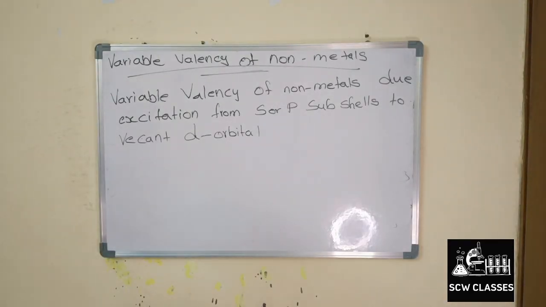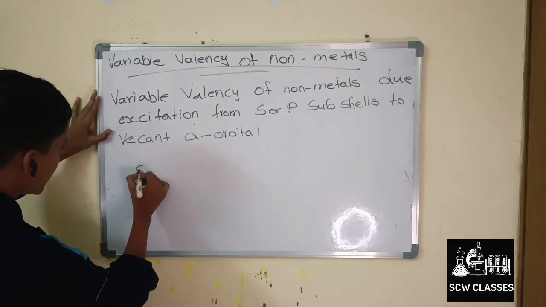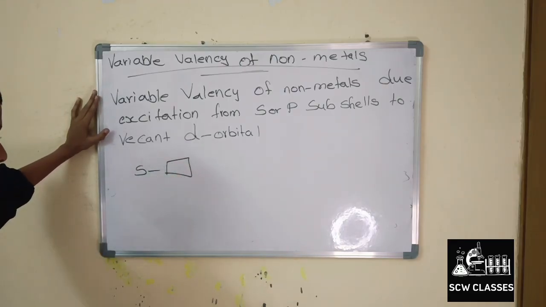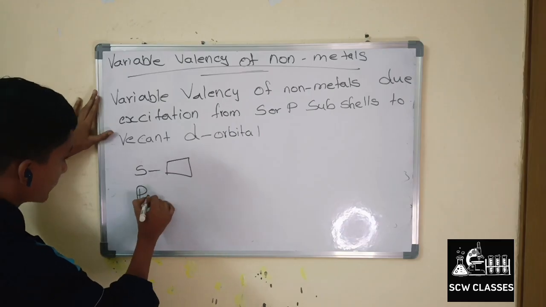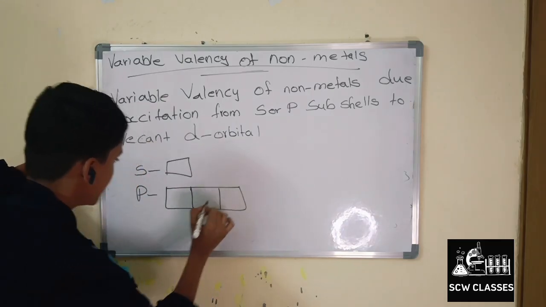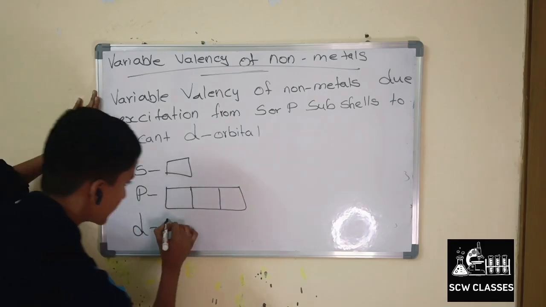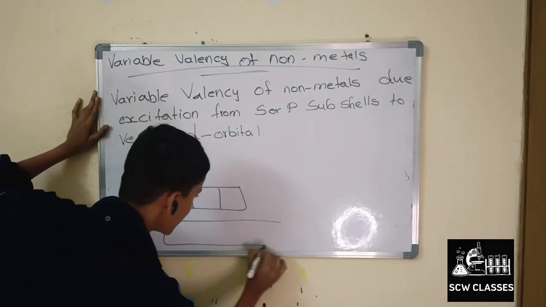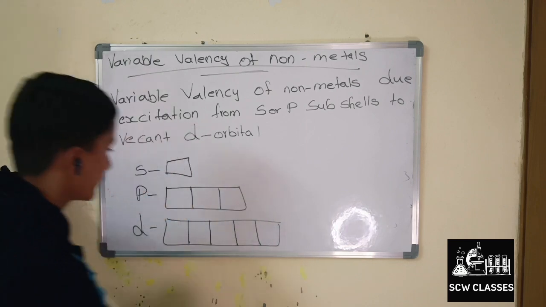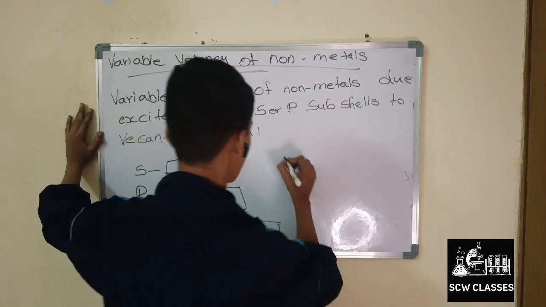Before starting the variable valency of nonmetals, I will tell you, this is the orbital of S, and P orbital like this, and D, and F orbital.